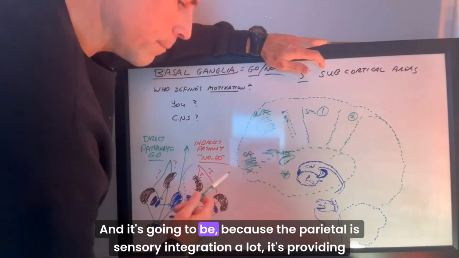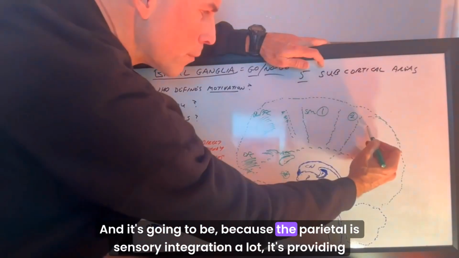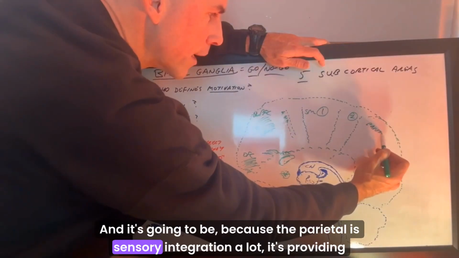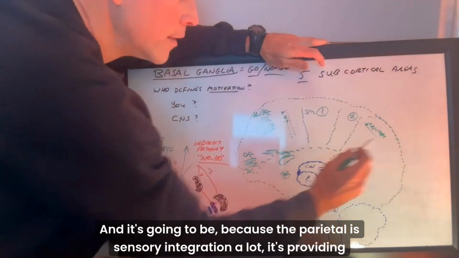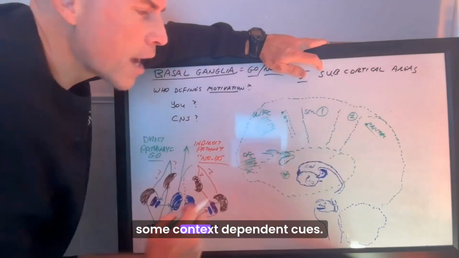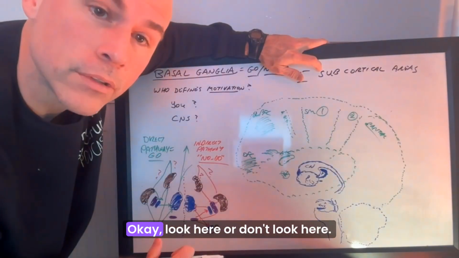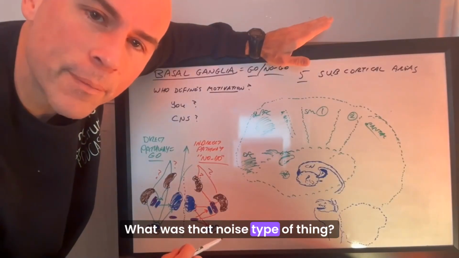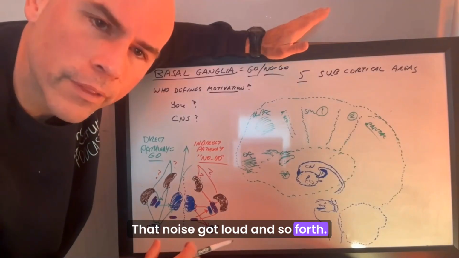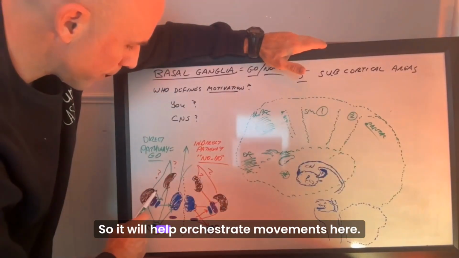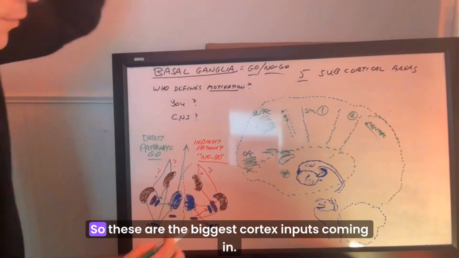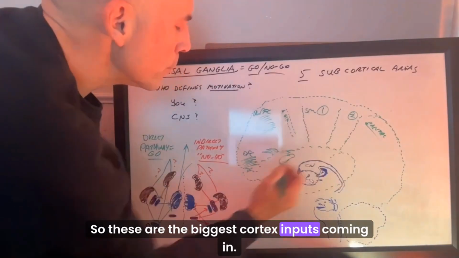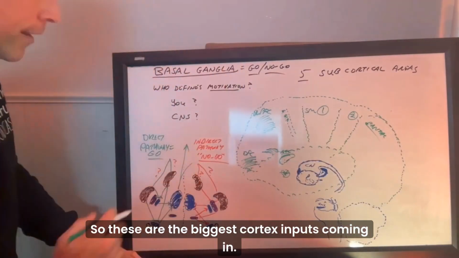Because the parietal is sensory integration a lot, it's providing some context-dependent cues. Okay, look here or don't look here. What was that noise? That noise got loud and so forth. So it will help orchestrate movements here. So these are the biggest cortex inputs coming in.